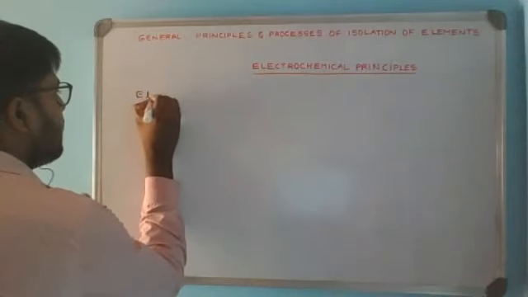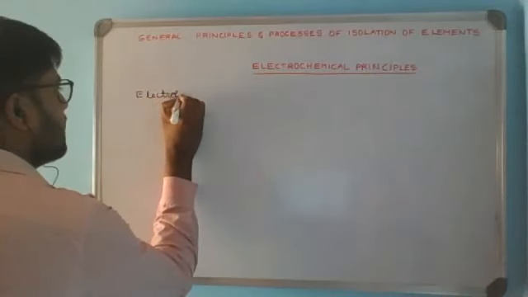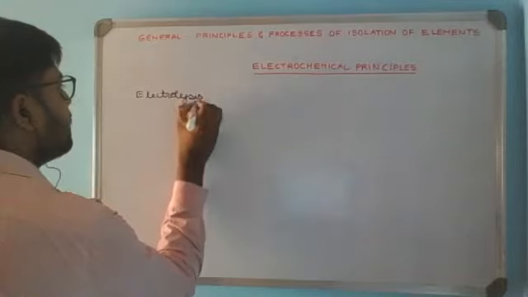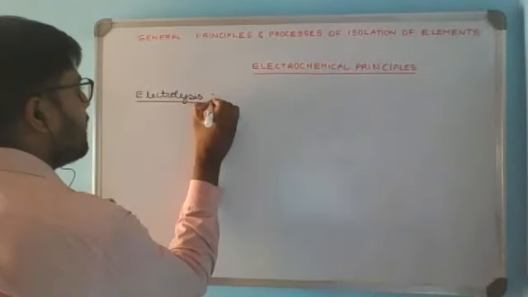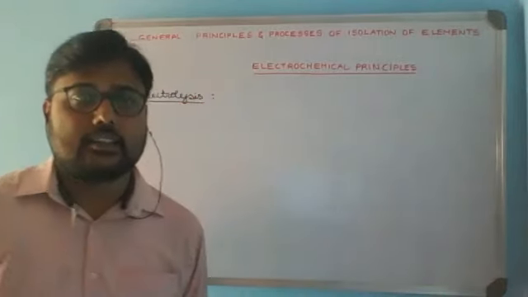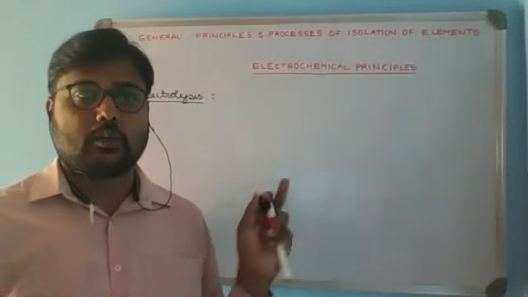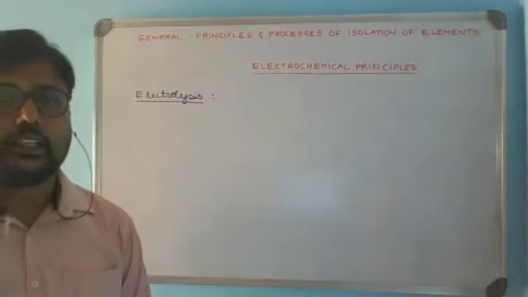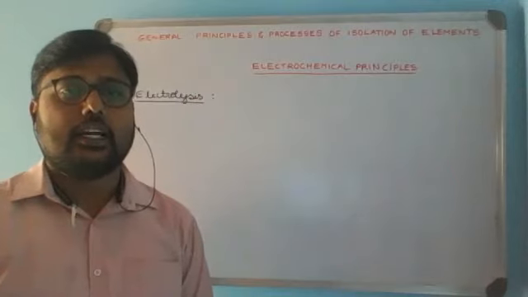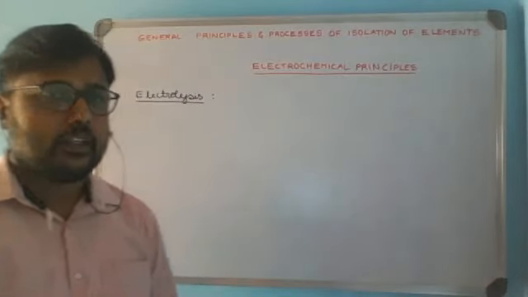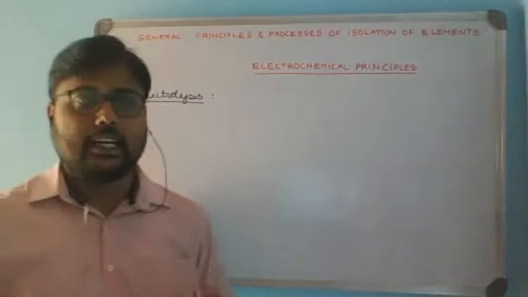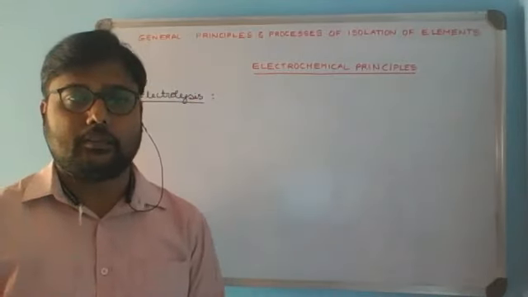It is by using electrolysis. So with the help of electrical energy, chemical conversion is brought about in these processes. The devices used are called electrolytic cells. Here in electrolysis, the conductivity of the solution is very important.